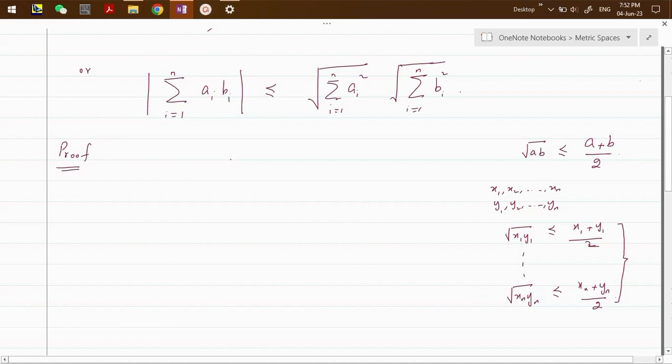When we add the left hand sides and right hand sides of these inequalities, we get the sum as follows: summation i from 1 to n root of xi yi less than or equal to summation i from 1 to n of xi plus yi over 2. This is numbered as 1.